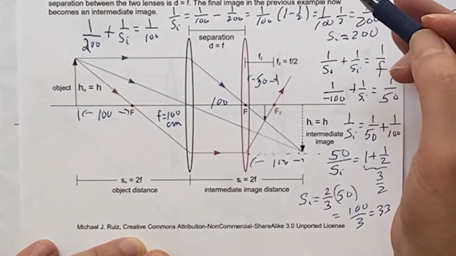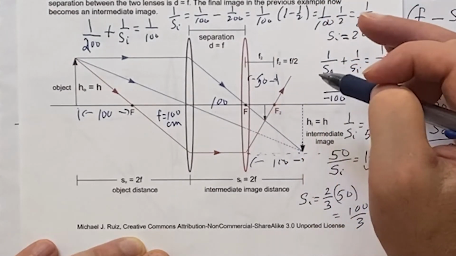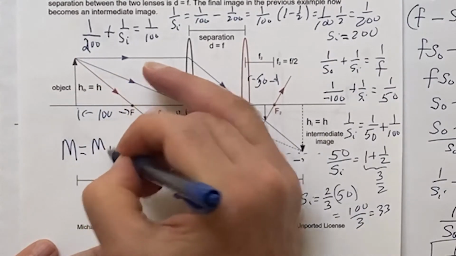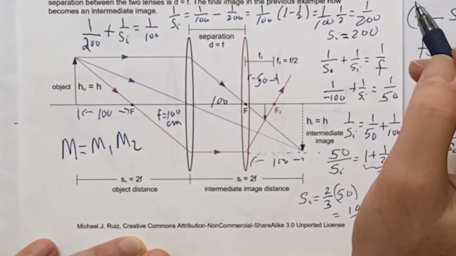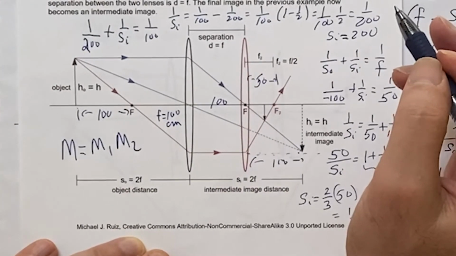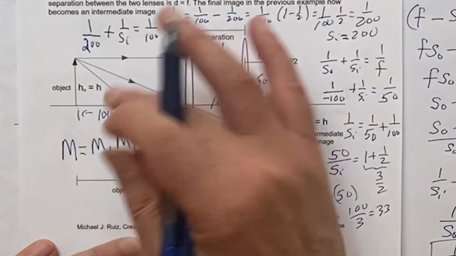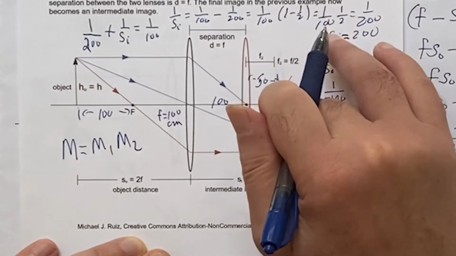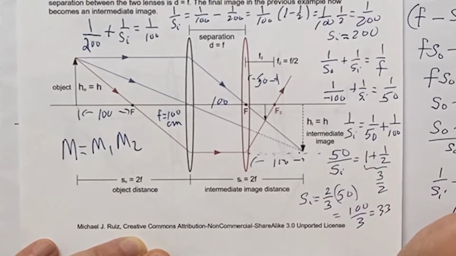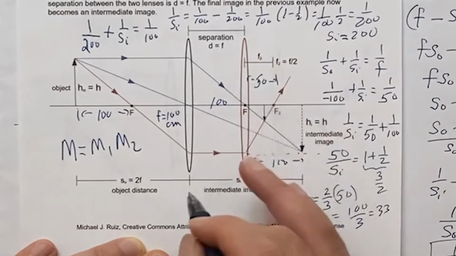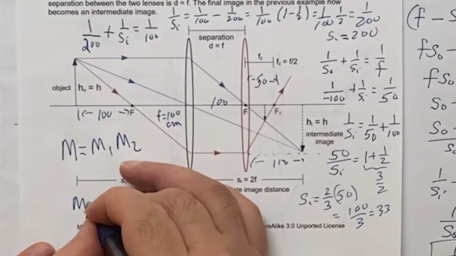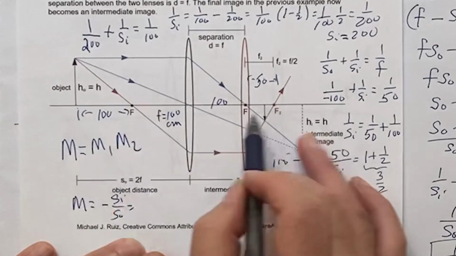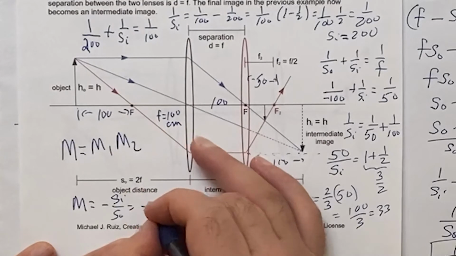So for the magnification, here's a neat thing. You can always think of the magnification as the magnification due to the first lens times the magnification due to the second lens. The magnification due to the first lens is essentially going to be -1. It's upside down. You could use the formula, minus SI over SO, and for the intermediate image, this was 2F, the same, so it's -1.